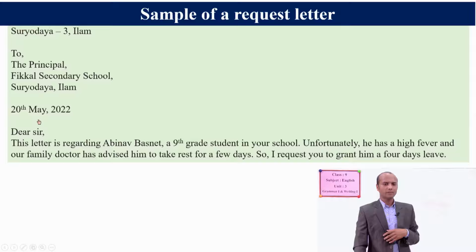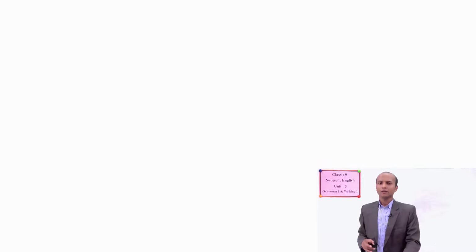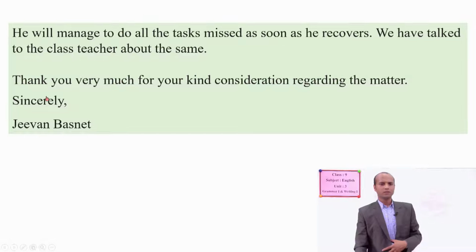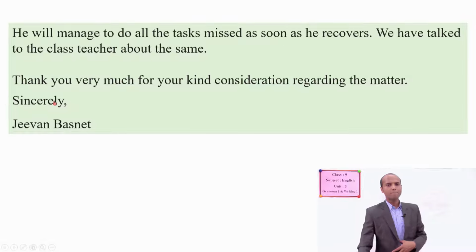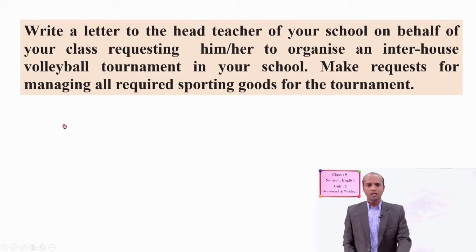And there can be a subject as well. Then this is called the salutation, dear sir, and you must have a comma there, and then the body of the letter should follow. This is called the closing, or the complimentary close, and finally this is your signature. Got it?